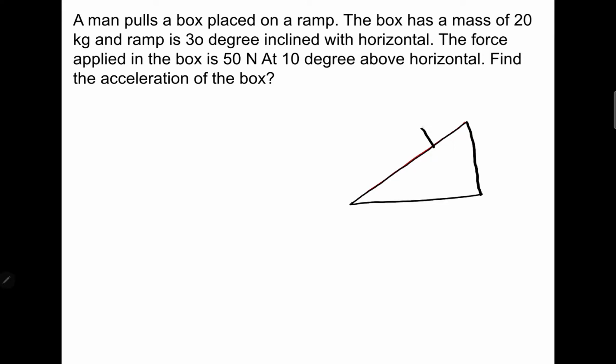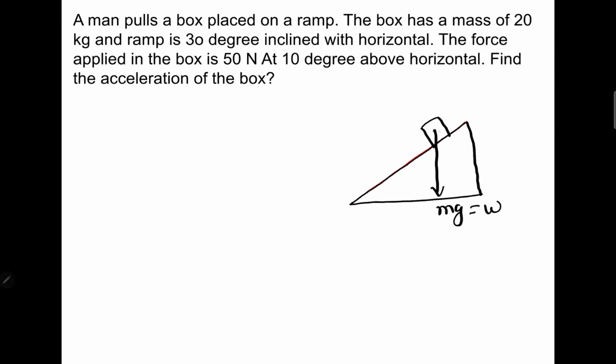Let me draw the box here, and mg will be acting downward, right? So this is the mg that we can call W, gravity. You are now more experienced than before, so I will go a little bit quicker.